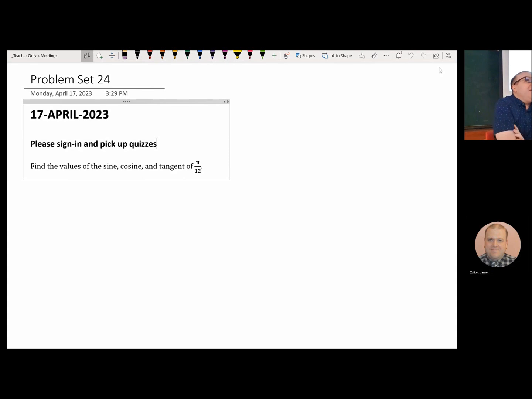There are 6 sum and difference identities that we go over. 3 sum, 3 difference, obviously for the 3 main functions, sine, cosine, and tangent. Although technically you don't need tangent.